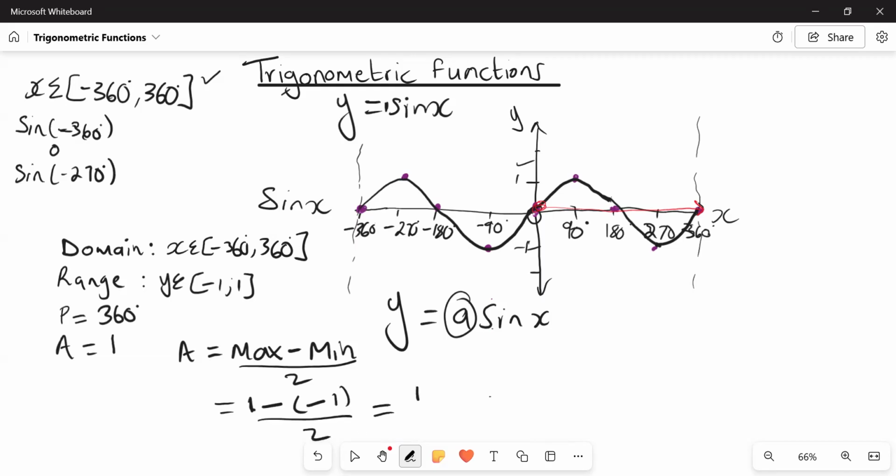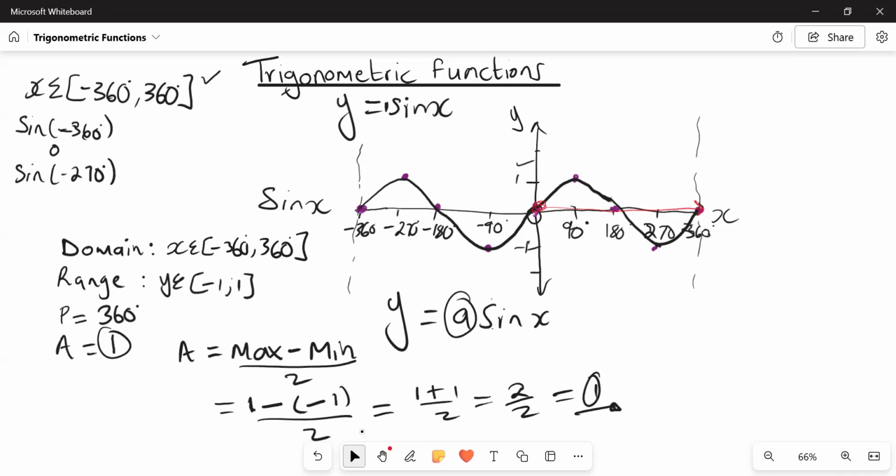You get 1 plus 1 divided by 2, which is 2 over 2, which is equal to 1. It's proven. So your amplitude is just 1. I believe that we are still following.